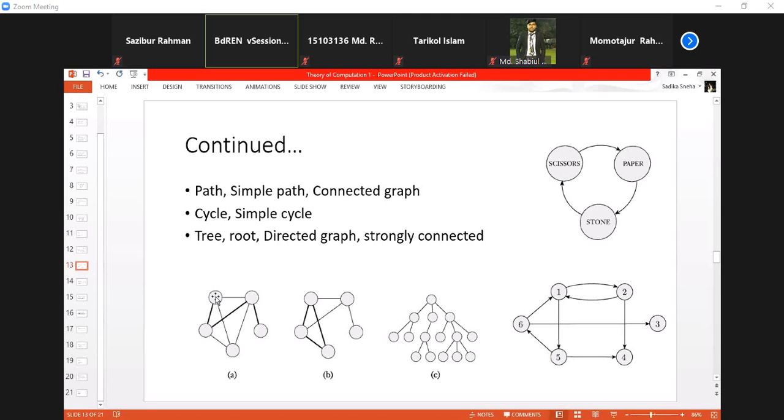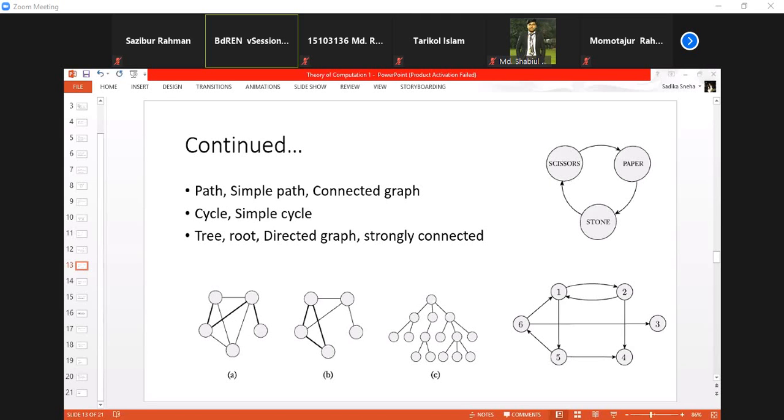If we had marked them A, B, C, D, these are connected with these edges, and we can go from A to D through A, B, C, and D. We can say that the path between A and D is A, B, C, D. Okay, so this can be considered as a path.